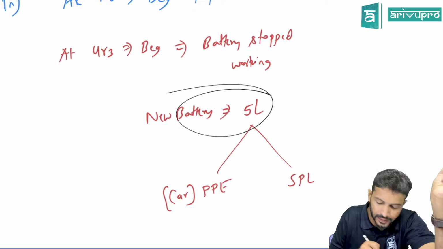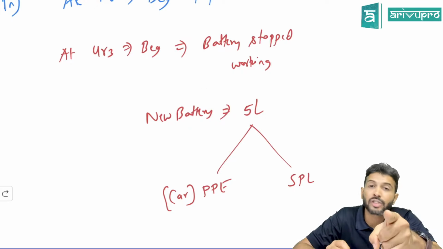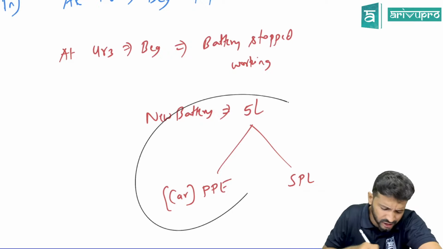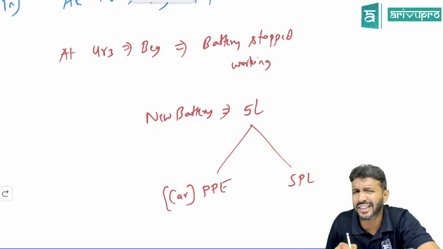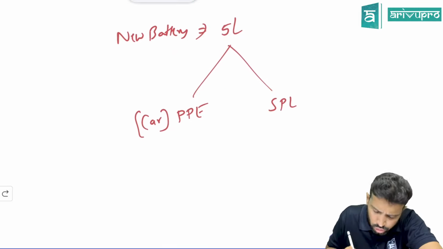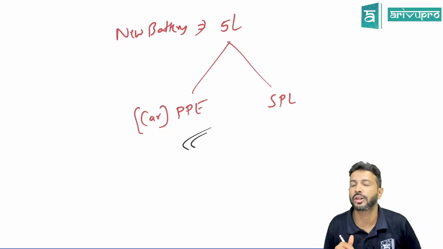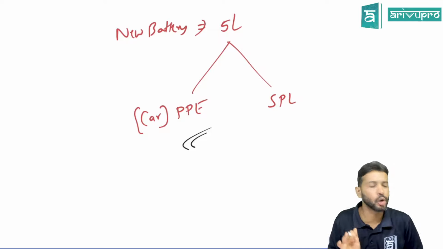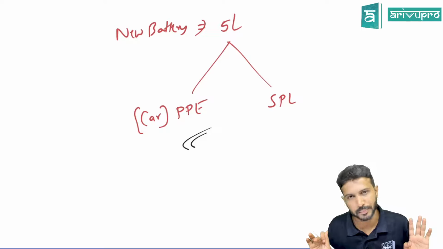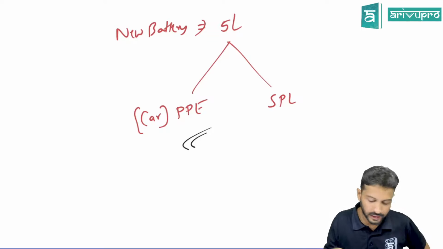Once you buy a new battery, will you get the benefit only for 1 year or more than 1 year? More than 1 year. Yes or no? That means all the 5 features of property, plant and equipment are getting satisfied. So this new battery replacement cost will be added to property, plant and equipment only.